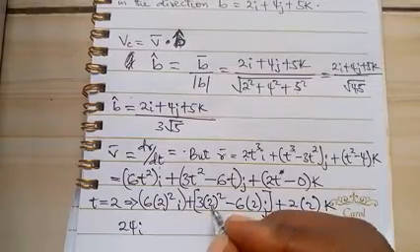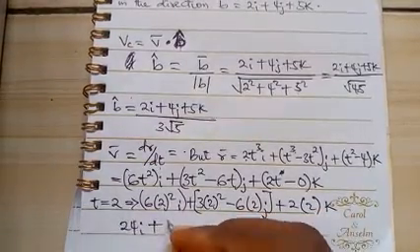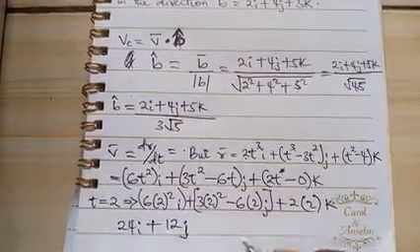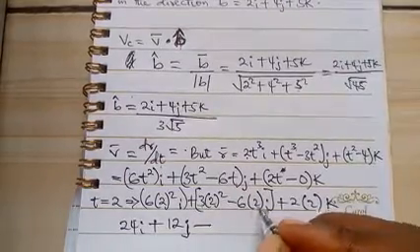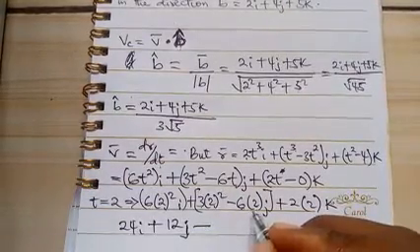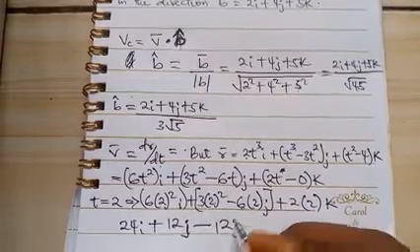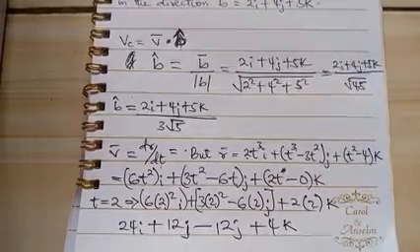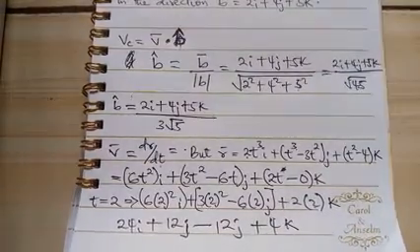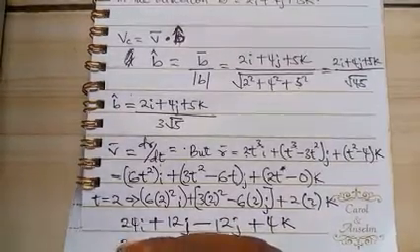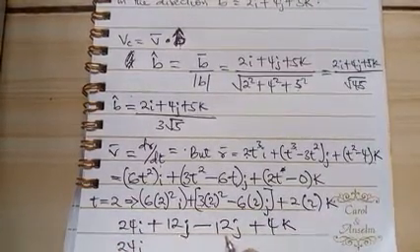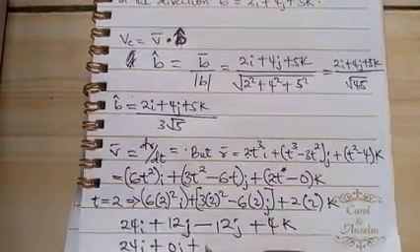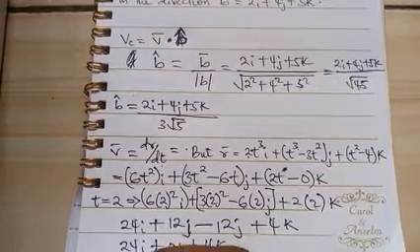Here 4 times 3 is 12, we have plus 12j, minus 6 times 2 is 12 as well, which is 12j, and that's all. Now plus 4k. What it means is that we have 24i plus 0j plus 4k. This is our velocity.